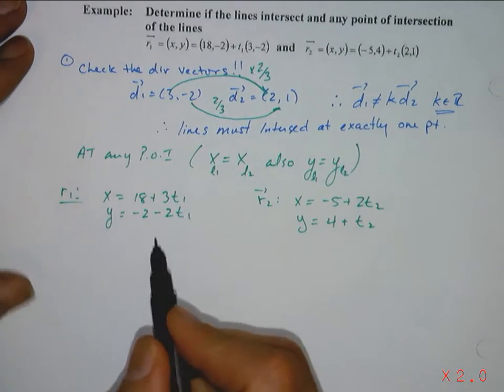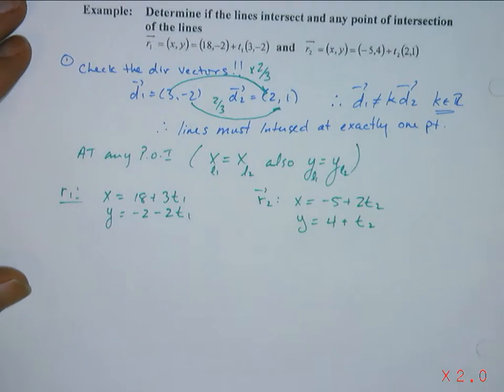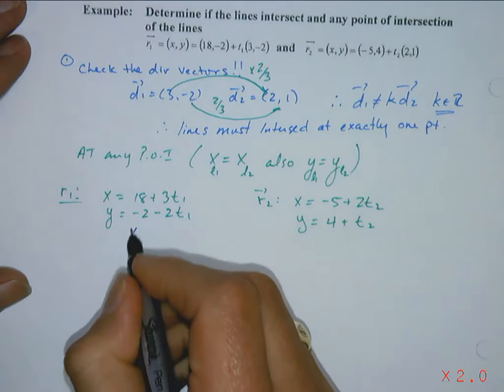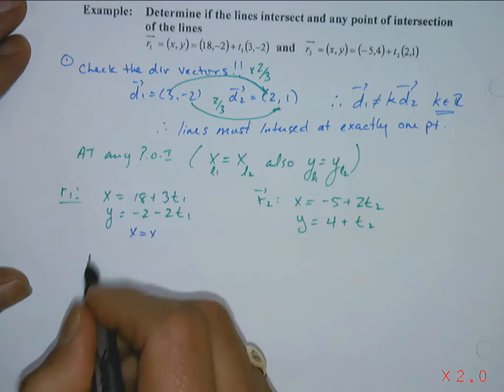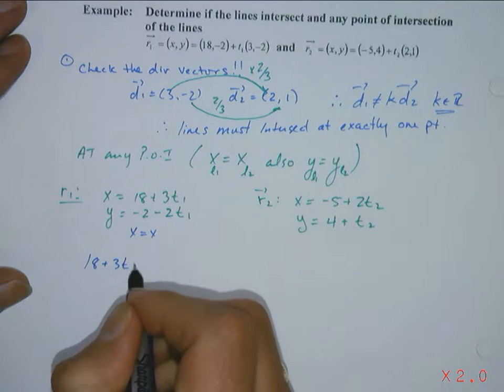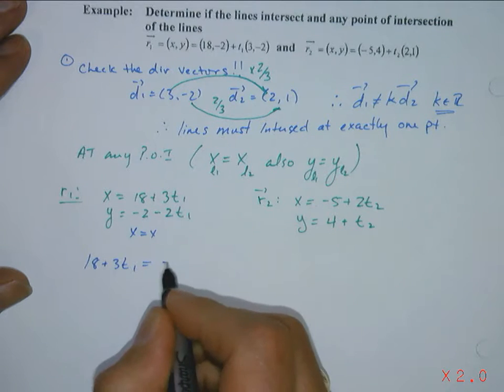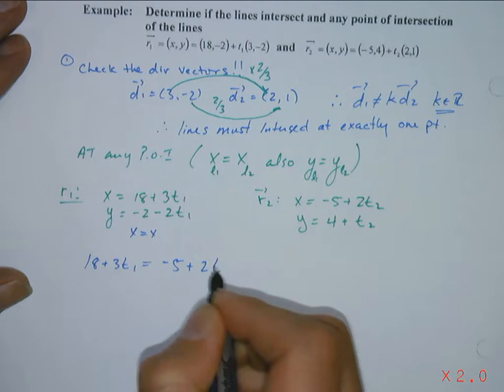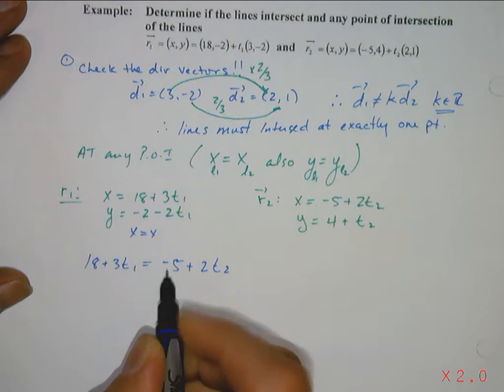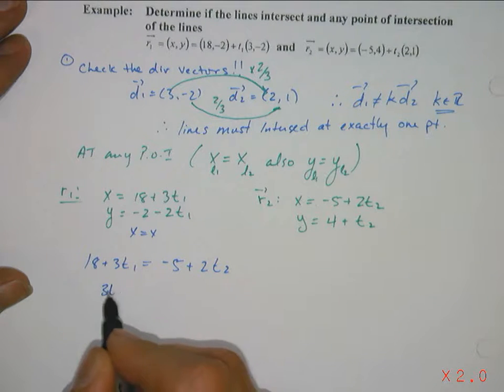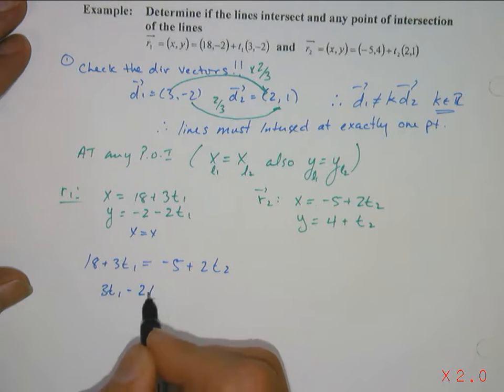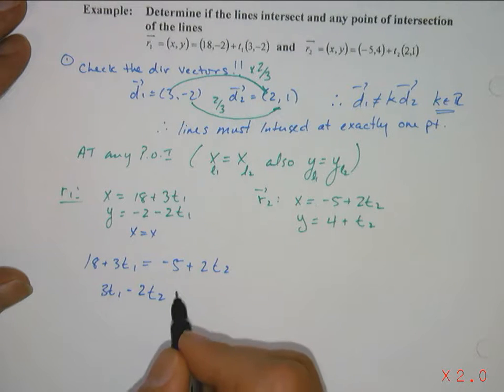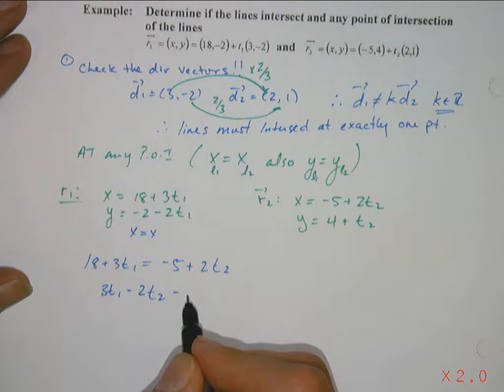So now if I say x equals x, 18 plus 3t1 equals negative 5 plus 2t2. Rearranging this will give me 3t1 minus 2t2 equals negative 23, I believe.